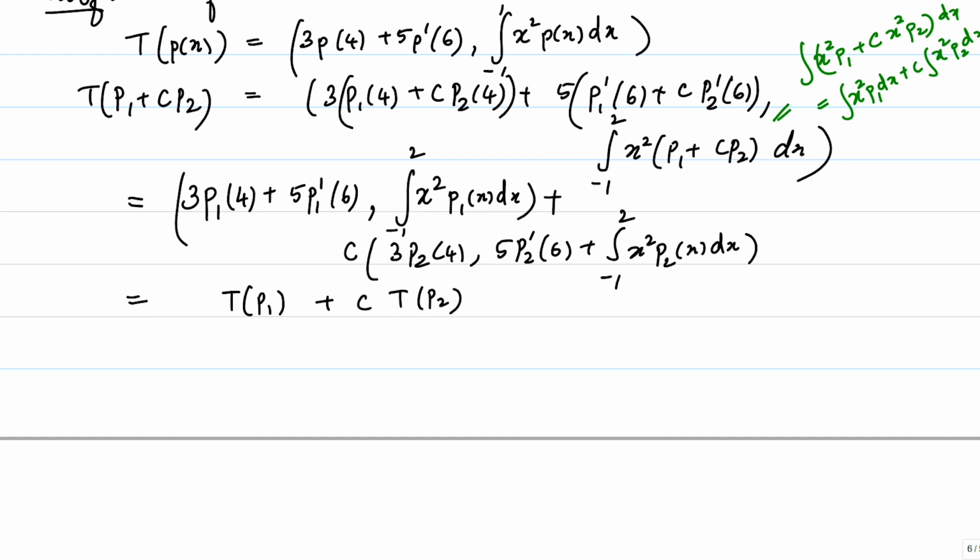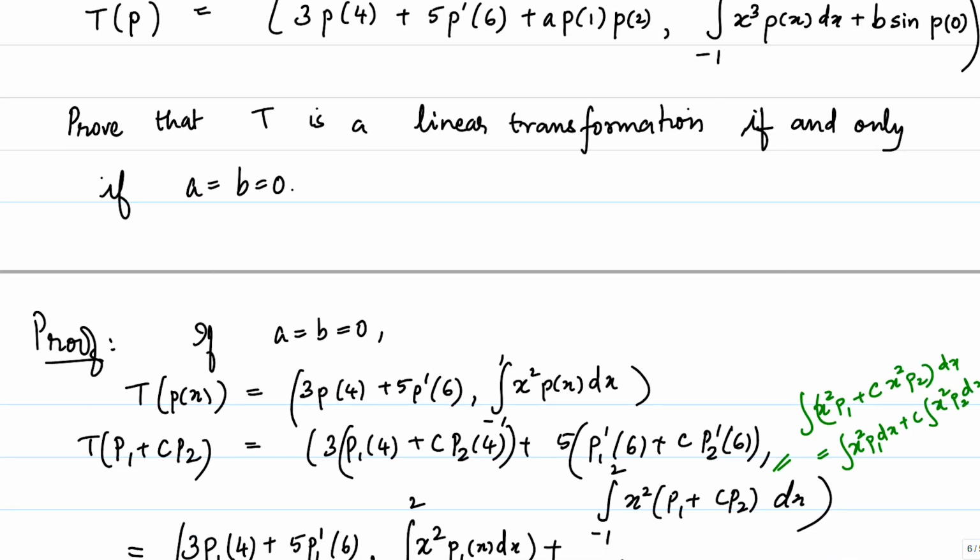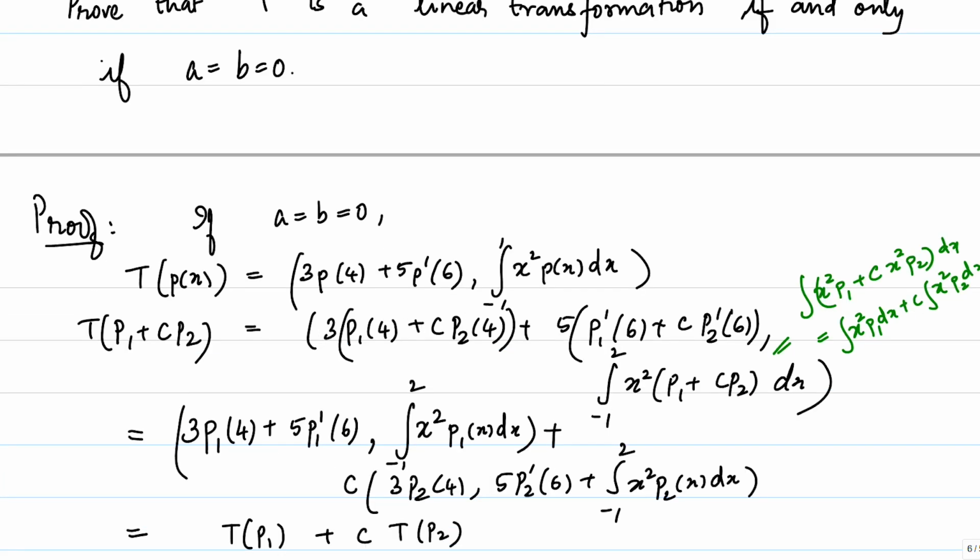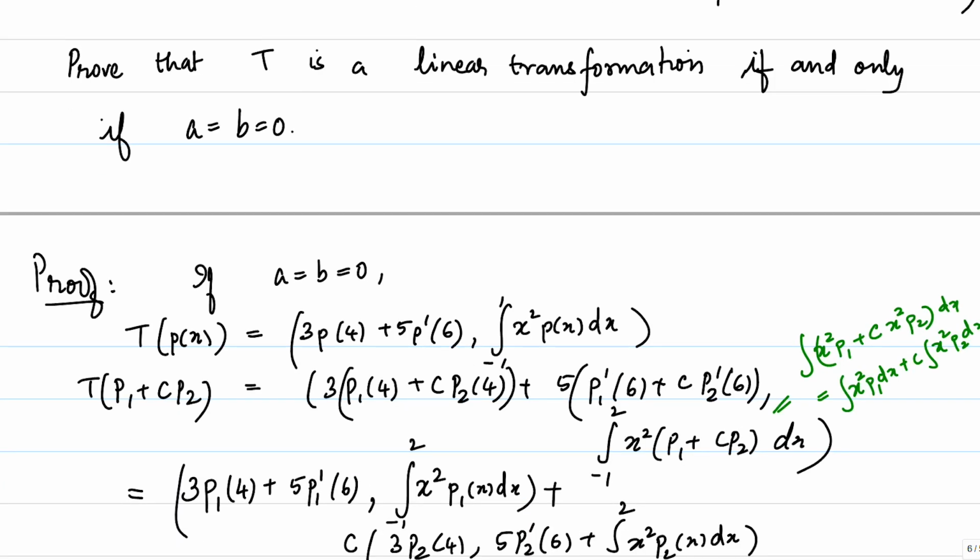So yes, if B is equal to A is equal to 0, then T is trivially, not trivially, but yeah, after these computations it is a linear transformation.